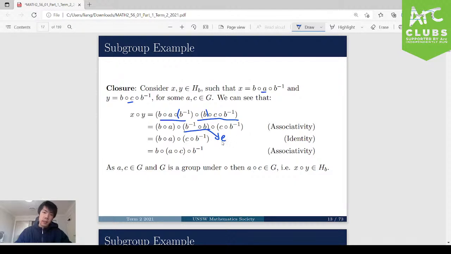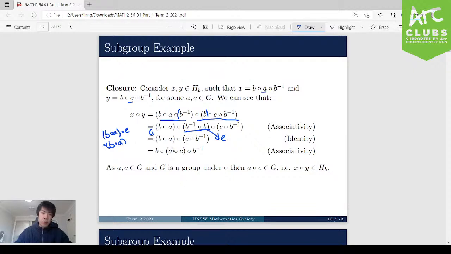But then that doesn't really matter, because if you have B dot A dot E, that would just give us B dot A again. Because if you dot something with the identity element, you just get the same thing back. Okay, so that gives us this next line here.